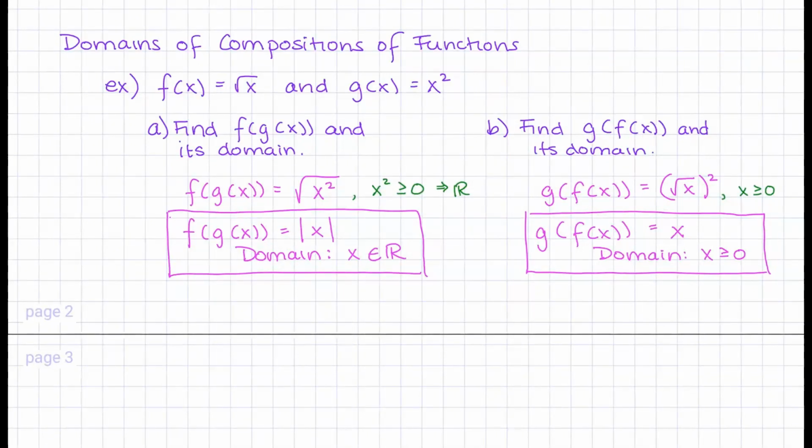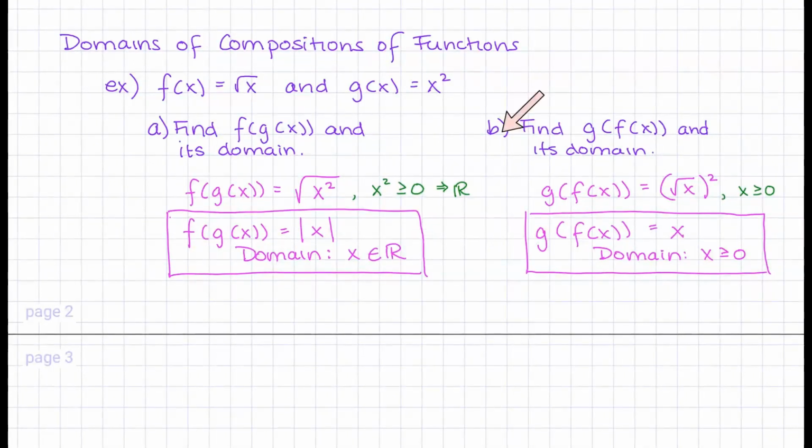I mean, some of you guys can already see that it makes sense the way it's written right now, but remember, this part A, f of g of x, says to evaluate g first and then put it into f. If you plug any number into g, as soon as you square it, you're positive or 0. So when you go to f, if you plug in any positive number or 0, you're okay. There's no restrictions, so all real numbers.